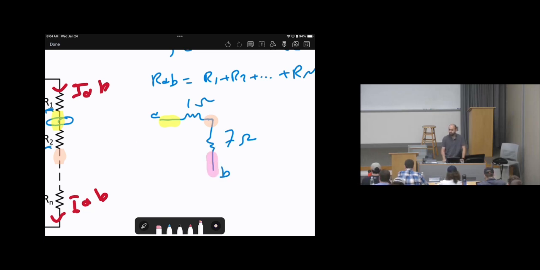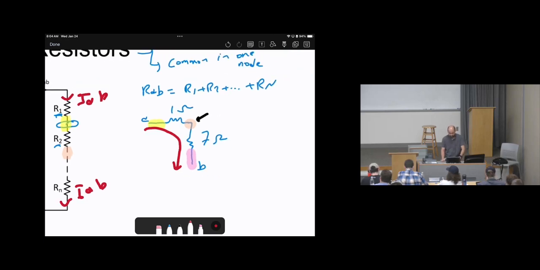The 7 ohms and 1 ohm are common in one node, which is the orange node. And the other thing, imagine there is a current from A to B. Will this current be split? No, therefore they are in series. So their equivalent is 8 ohms, which is 7 plus 1. This is RAB. Okay?